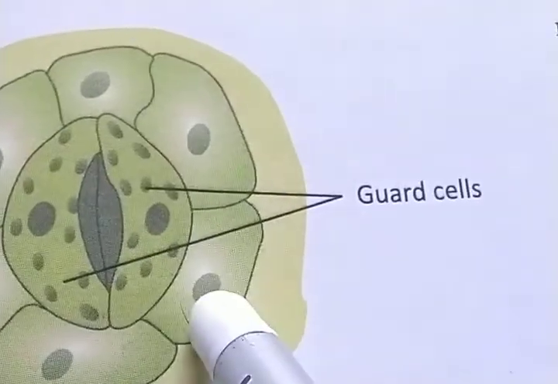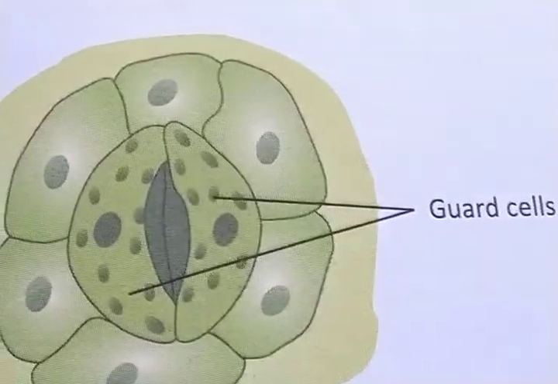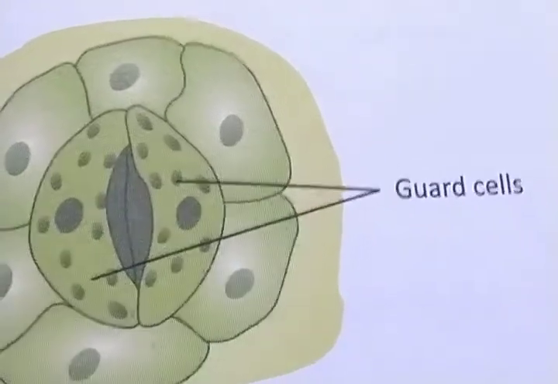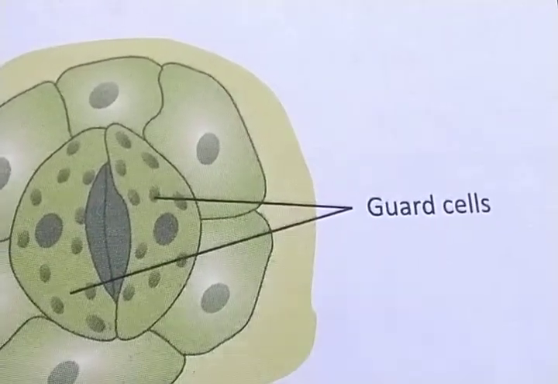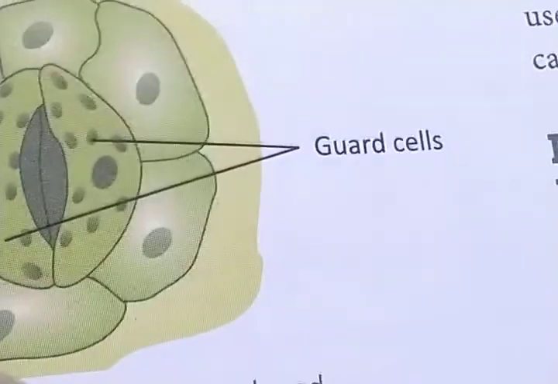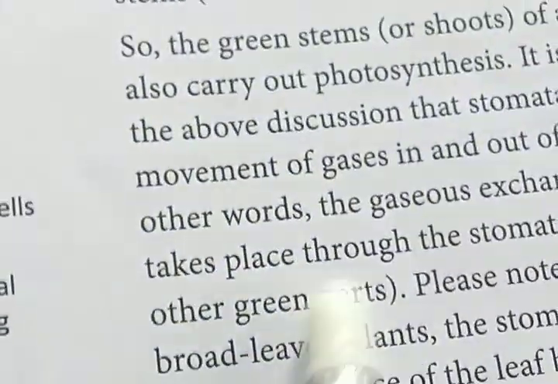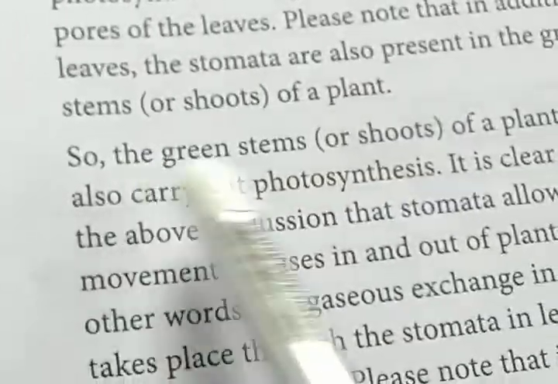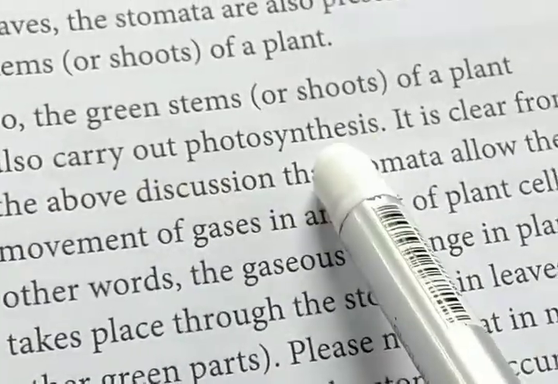In the same way, stomata are situated not only on both surfaces of the leaf but also on the green stem. So, the green stem of the plant also carries out photosynthesis.